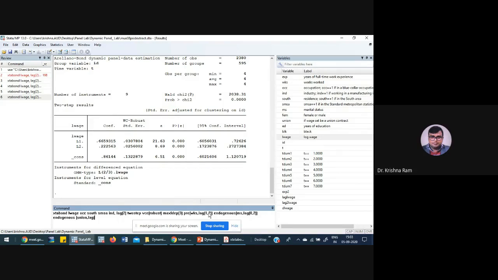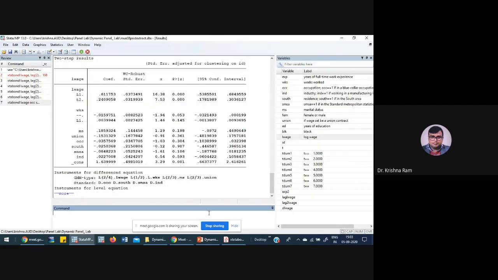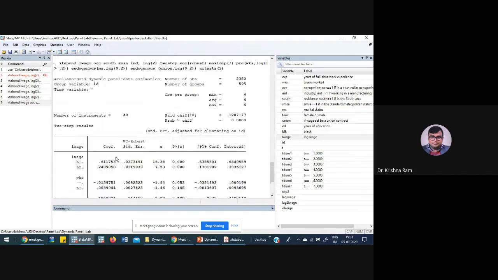We type lag 0, 2, bracket close. And then we type here test 3. This one we use when we do the test for autocorrelation. So this is the command for estimating the two-step estimator. So look here, when I run, we have gotten a result.